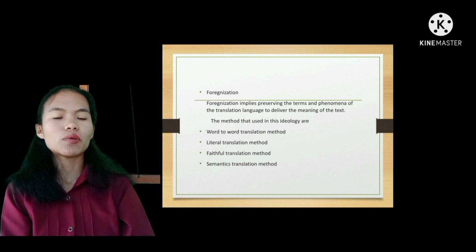It attempts to reproduce the precise contextual meaning of the original within the constraints of the target language grammatical structures. And the last is semantic translation method. Semantic translation may translate less important culture words by culturally neutral third or functional terms, but not by cultural equivalents, and it may offer small concessions to the readership.